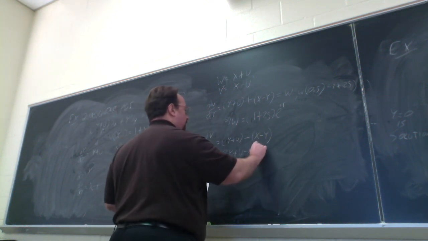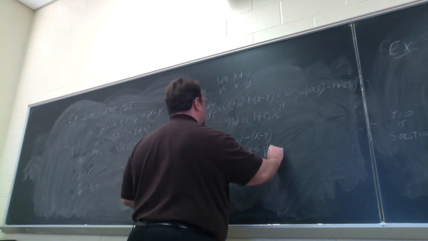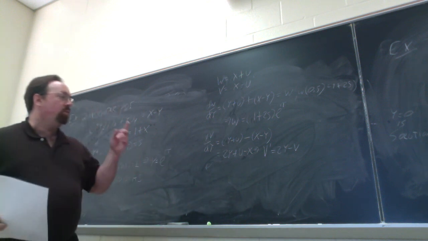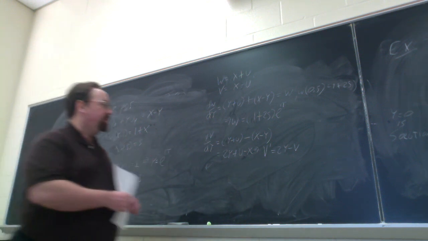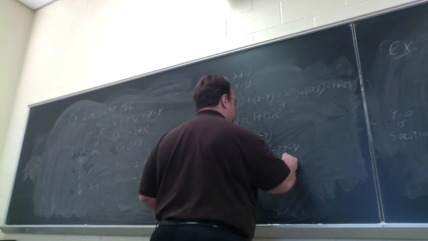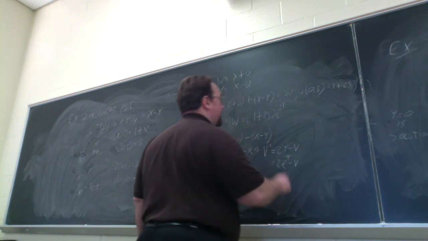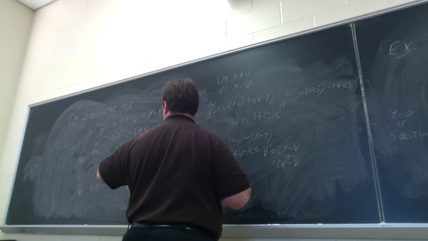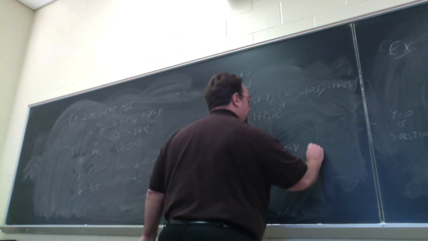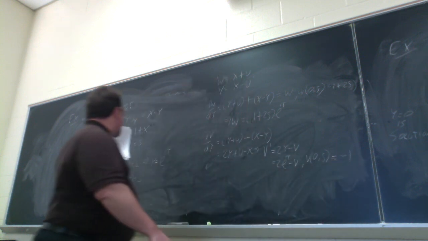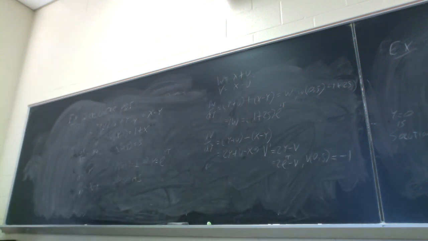So you get v prime is equal to 2y minus v. Now, y is known, so we can fill that in. So 2e to the tau minus v. And then the initial values, we'll subtract them. So v of 0, s is equal to this minus this, so we just get minus 1.